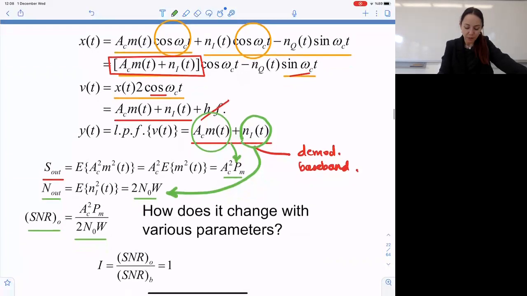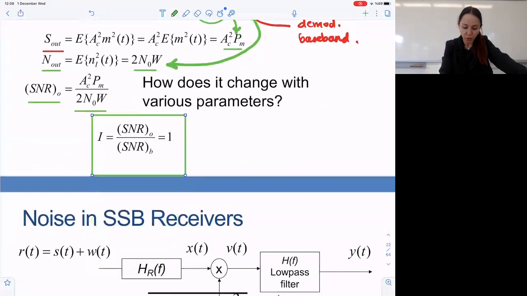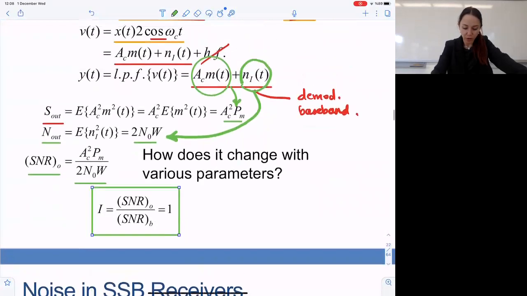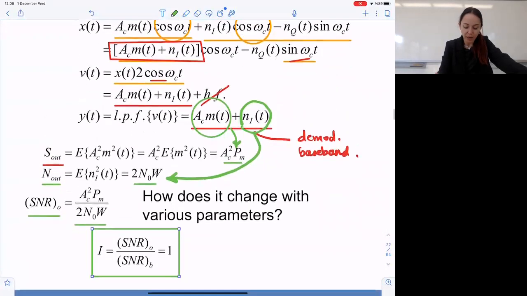Now we define something called a figure of merit for comparing the SNR out with SNR_B. I mean, we define the figure of merit as the ratio of SNR_O to SNR_B, and this figure of merit is going to be used to compare different modulation and demodulation schemes.